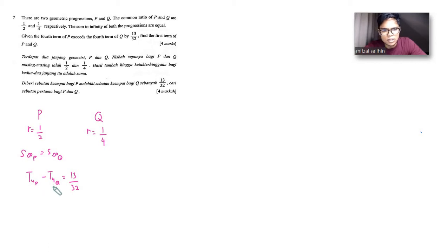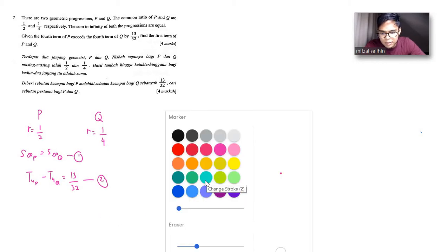So we can actually do a simultaneous equation, because here we have the first equation and over here we have the second equation, and whenever we encounter two equations, the solution to the problem must be a simultaneous equation. So we can start finding the solution by finding T4 of P and T4 of Q. I'll use a different color to differentiate these two steps.